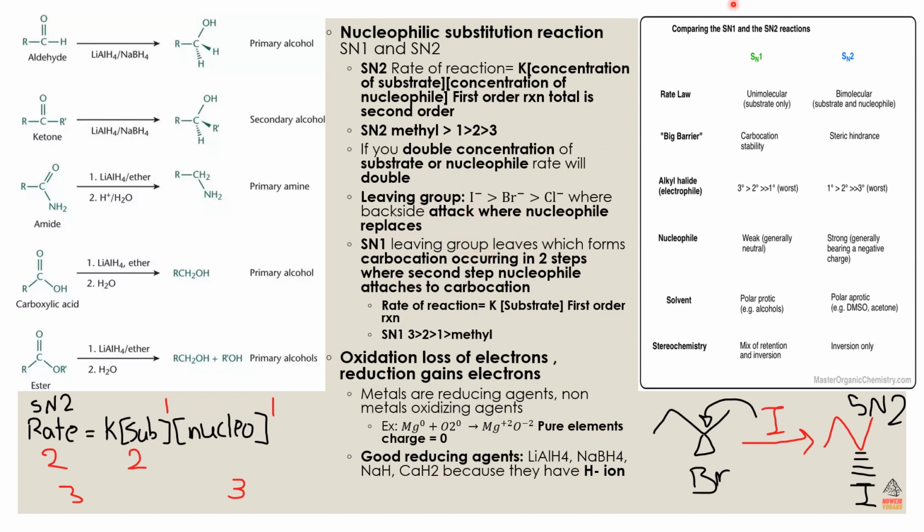Then next we have the SN1 substitution reaction. With the SN1 substitution reaction, it occurs in 2 steps. The leaving group, so for instance here bromide, has to leave first.